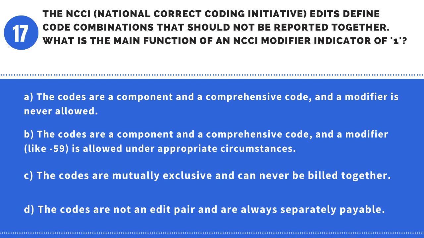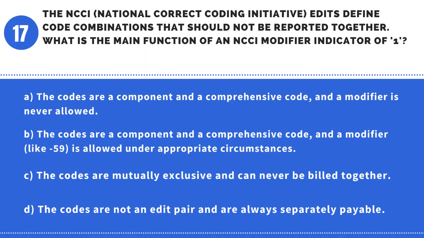Question 17. The NCCI, National Correct Coding Initiative, edits define code combinations that should not be reported together. What is the main function of an NCCI modifier indicator of 1? A. The codes are a component and a comprehensive code, and a modifier is never allowed. B. The codes are a component and a comprehensive code, and a modifier, like -59, is allowed under appropriate circumstances.